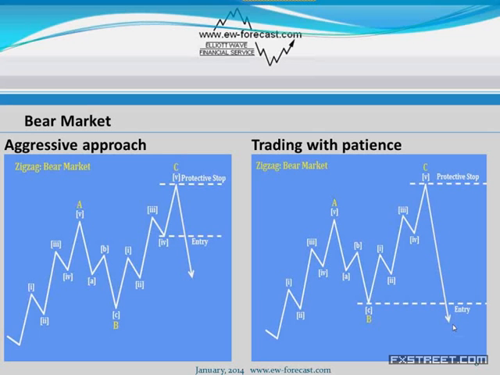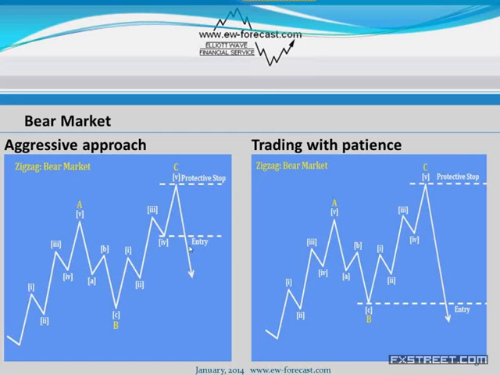In the same manner, we always recommend this type of setup because it will give you more reason to stay long with this. Here you have to be careful because you don't know if this is going to turn into an X wave, and then your trade setup is not so good.